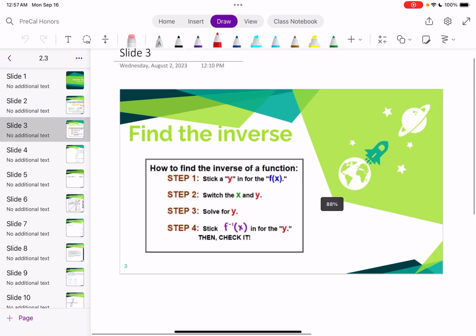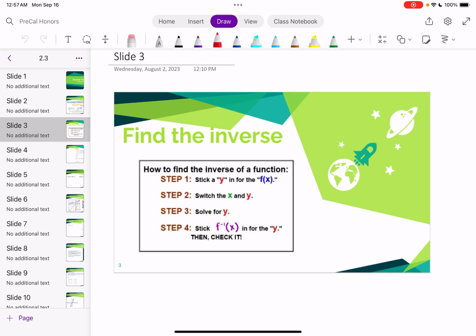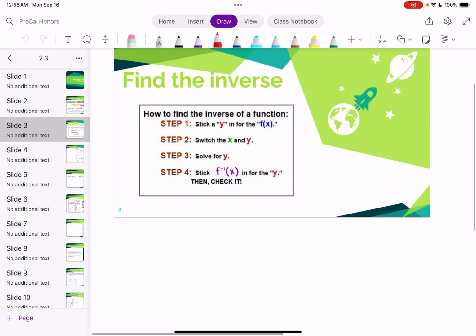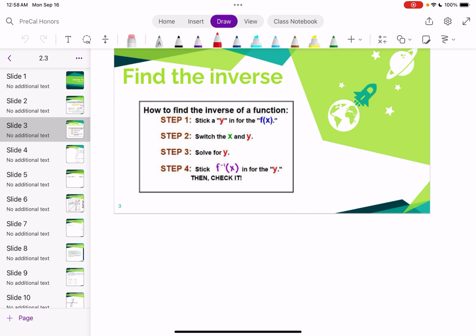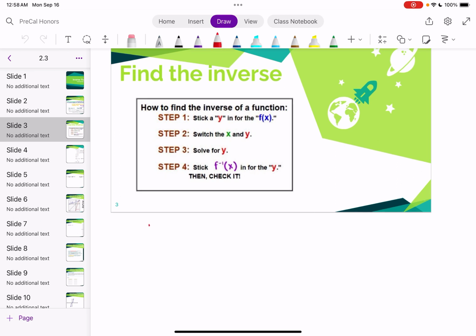In slide 3, we go over the step-by-step of how to find the inverse of a function. The first step is replacing f of x with y. So let's go back to our example, f of x is equal to 3x minus 5.